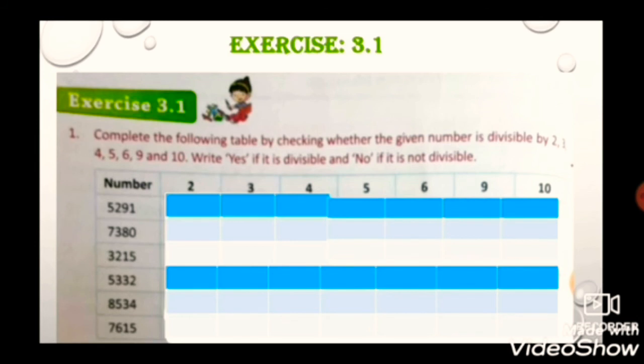Numbers are given here: 5291, 7380, 3215, 5332, 8534, 7615. If we take the number 5291, we have to check whether the number 5291 is divisible by 2, 3, 4, 5, 6, 9 and 10.